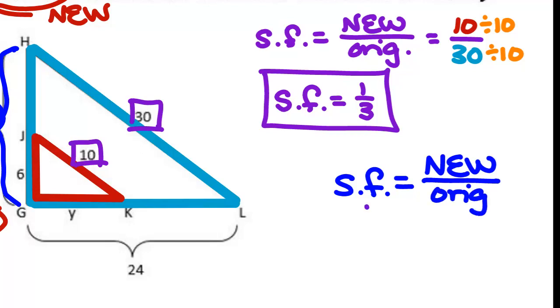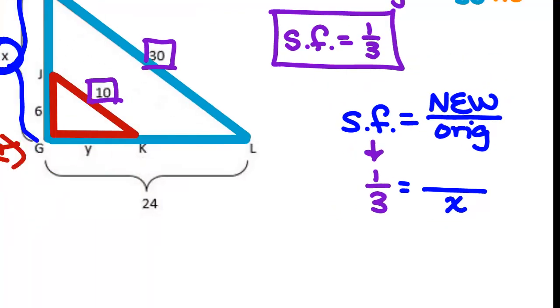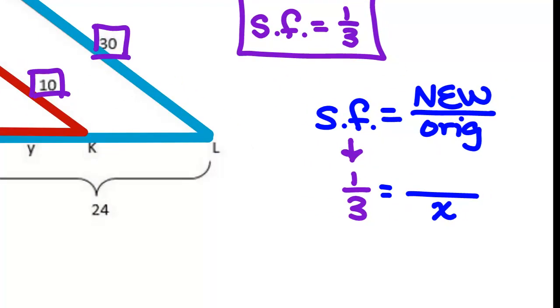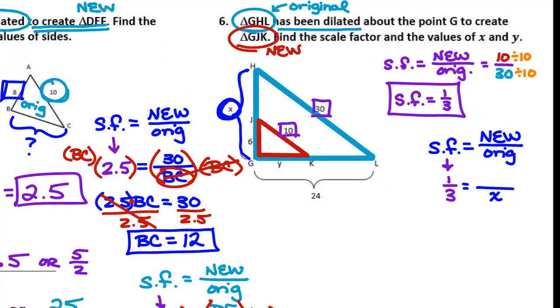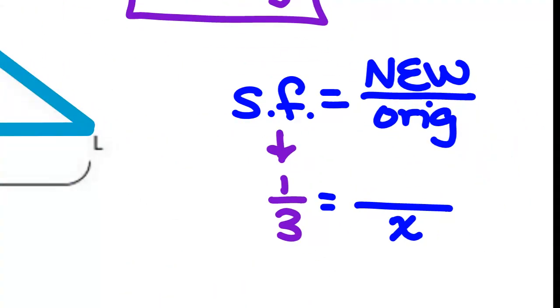We just figured out previously that that scale factor is 1/3. So I have 1/3 equals GH, which is that length x that we're looking for. You said was part of my original triangle, so that's going to go down in the denominator because that's where we put original. What is the corresponding length on my new triangle? GJ, which is 6. So I put 6 up in that numerator.